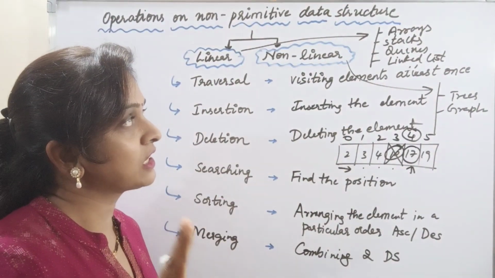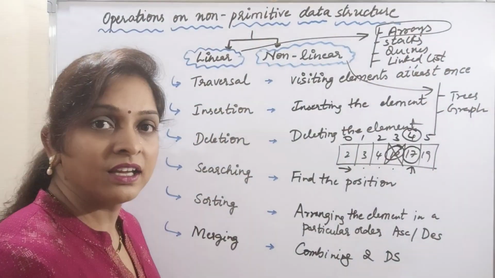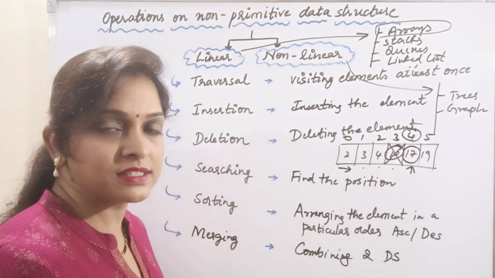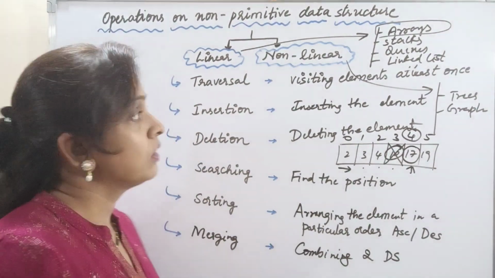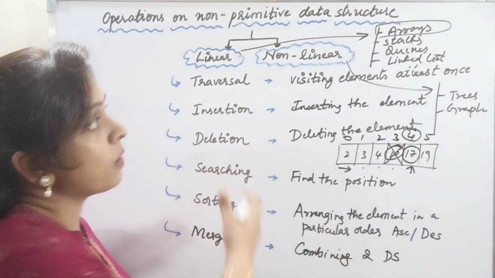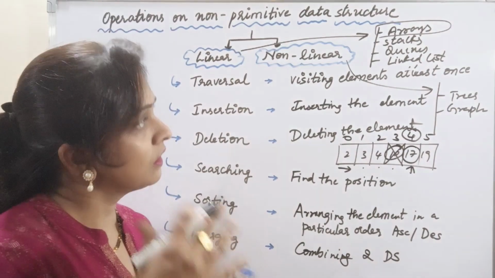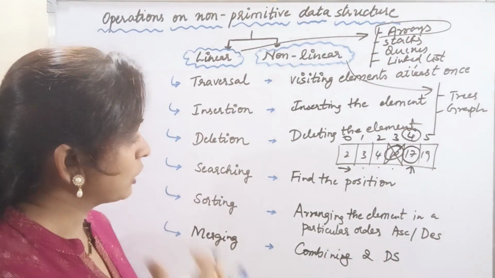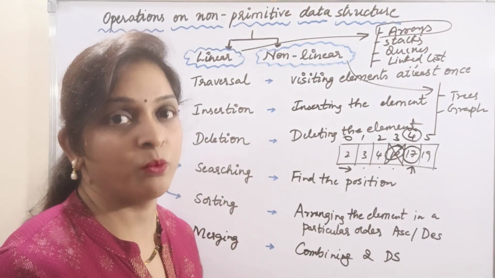The first data structure that we are going to discuss is arrays. We all know about arrays. Array is the basic data structure that we have learned already. How these operations are performed on the array data structure, we need to see. All these data structures and operations will be dealt with one by one in separate videos.